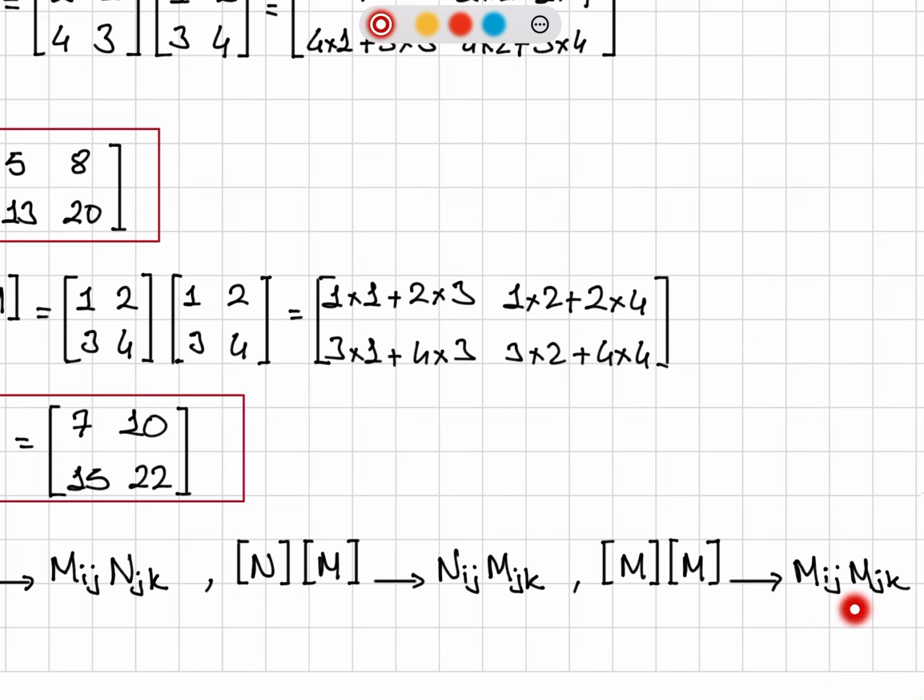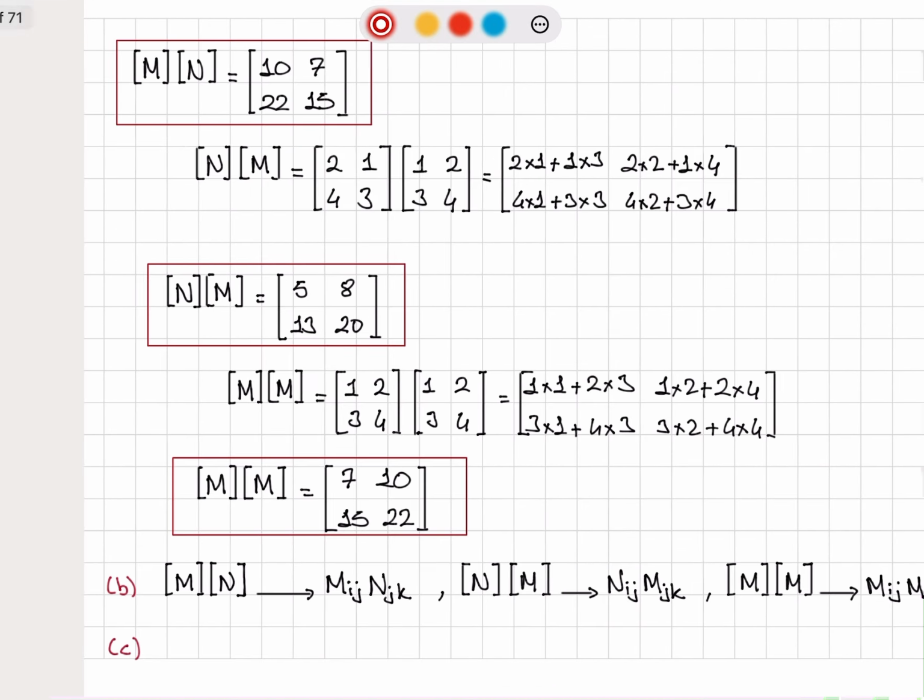So that basically matches what I have done here. I just checked it for this element. Okay, so let's move on to part C.